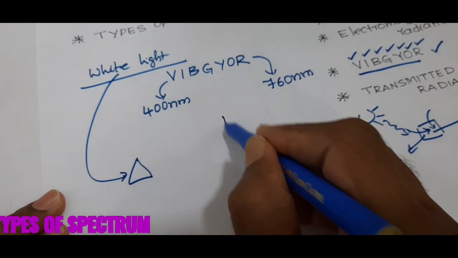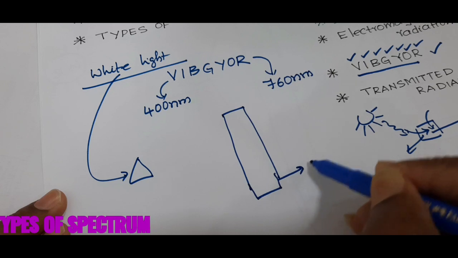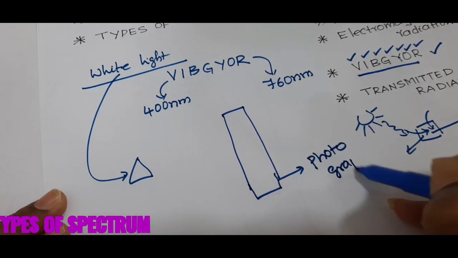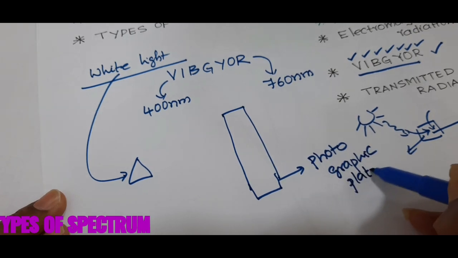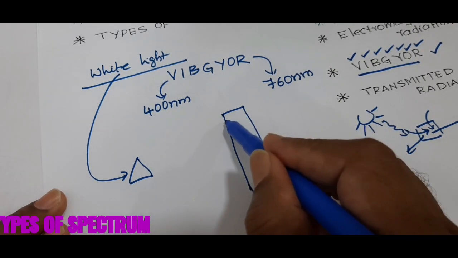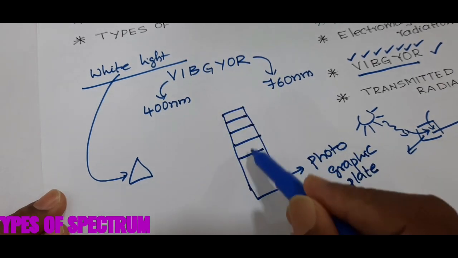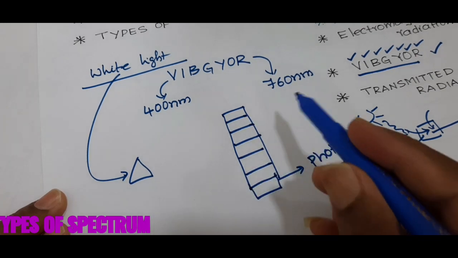a film or photographic plate. Then these radiations will be arranged either in the decreasing order or in the increasing order of their wavelength.